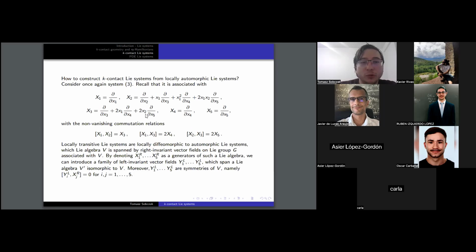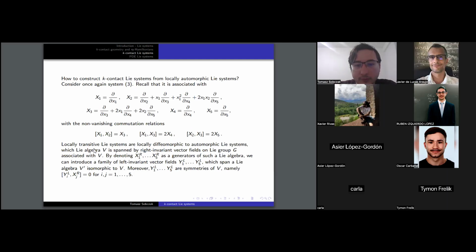And the first way how to do so, and I presented it before, is just noting that we are dealing with locally automorphic systems, meaning it's diffeomorphic to automorphic systems. Tomasz, locally automorphic, yeah, no, locally transitive. Yeah, there it wasn't changed. I see. It should be automorphic, not transitive.